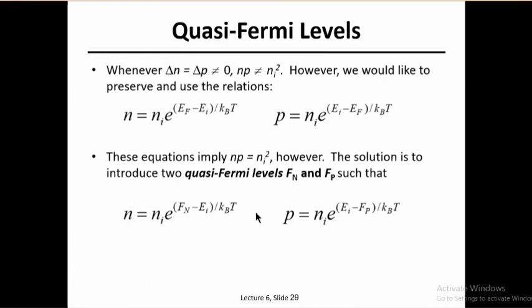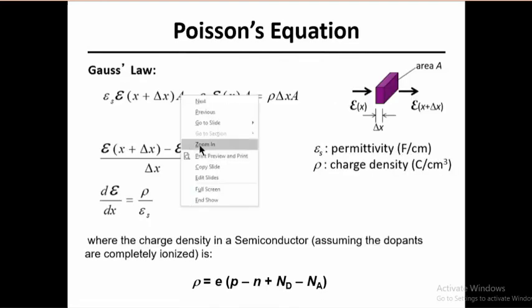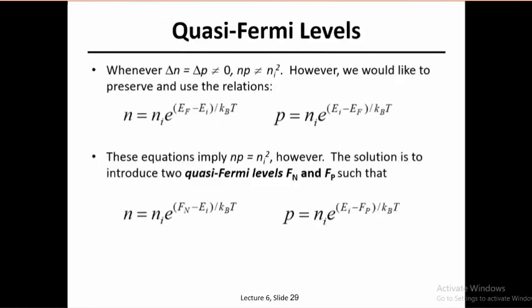Since you know that if I'm talking about an N-type material, the Fermi level will be closer to the conduction band. This Fn will be close to the conduction band, and this Fp will be close to the valence band. So I can deduce these from the equations where n and p were equal. Okay?